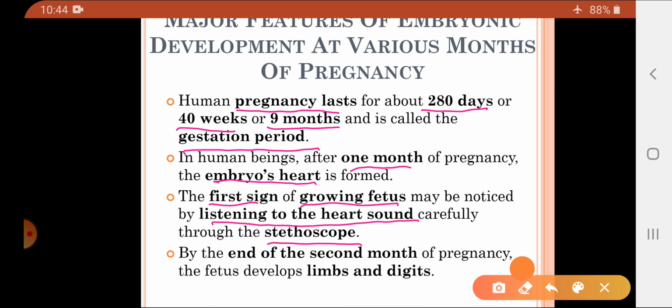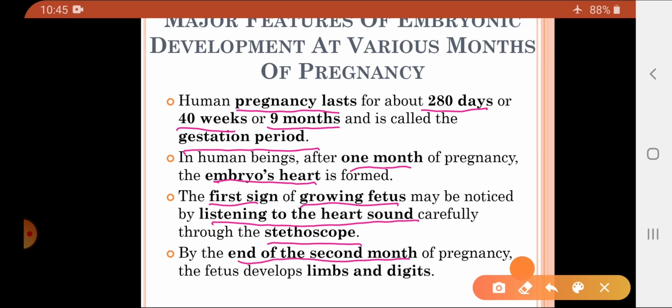So after 1 month of the pregnancy, the embryonic heart is formed, and the first sign of whether the fetus is growing or not can be heard by the heart sound using the stethoscope.